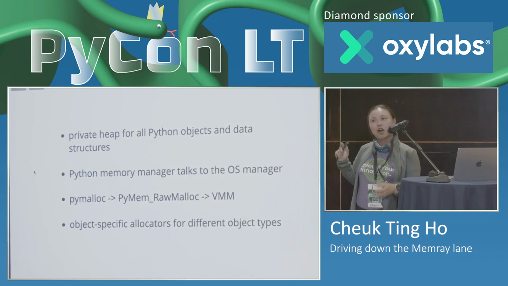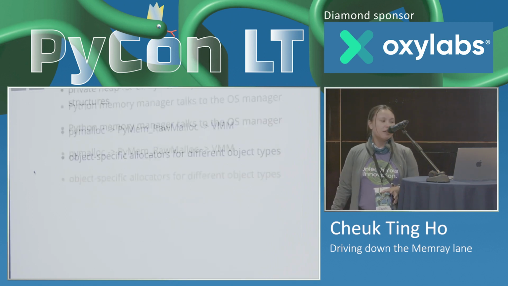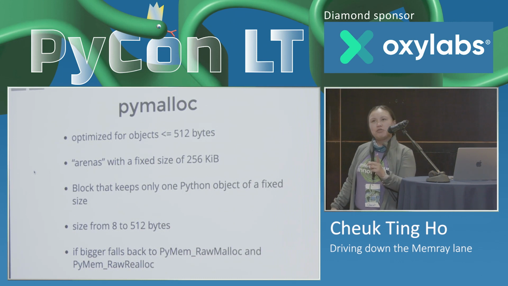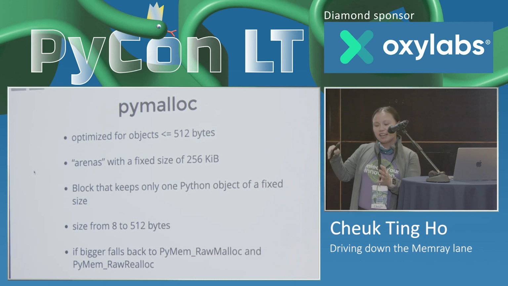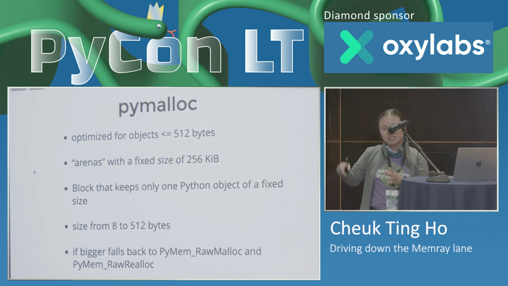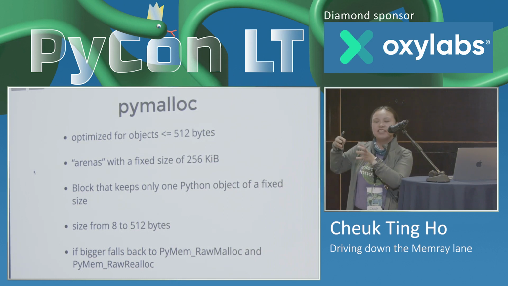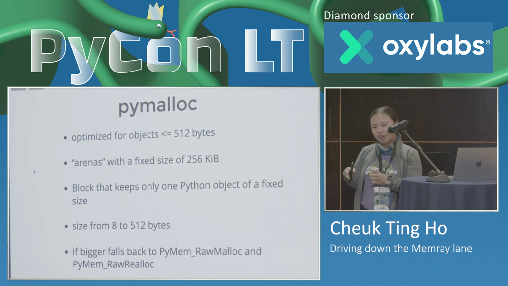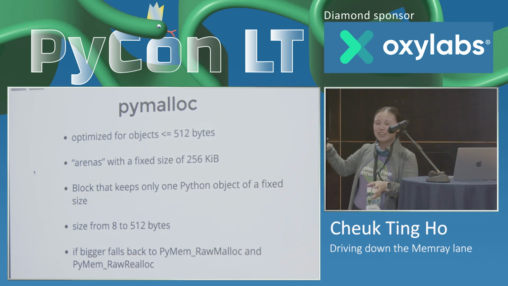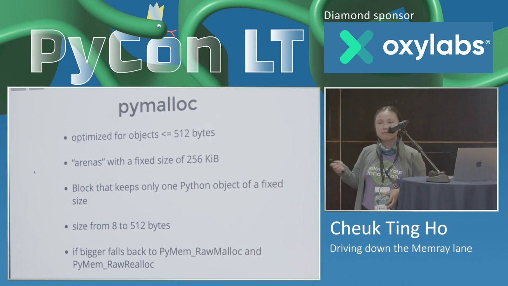Different object types have different sizes. I always think of it as a room, and you have all these boxes that you have to fill inside the room, with sizes that are multiples of 8: 8, 16, and so on up to 512. Anything bigger than 512, we won't use pymalloc.